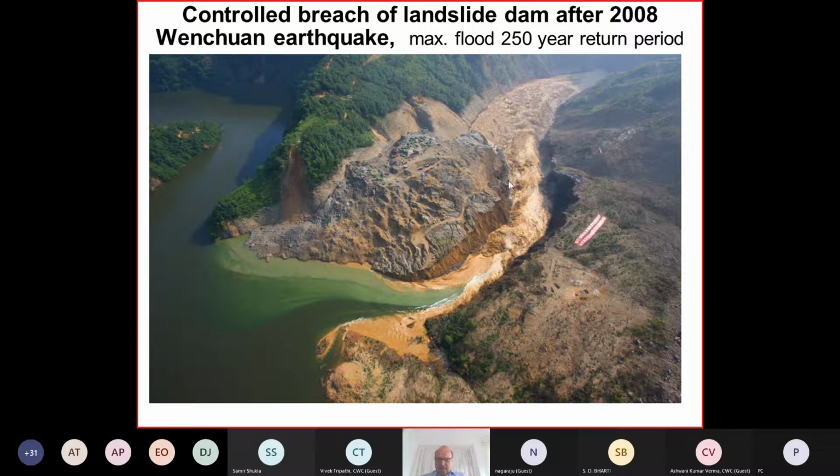Once water is flowing through the channel, it is eroding progressively. I cannot say how big it is, but let me say maybe 50 meters wide or something like that.